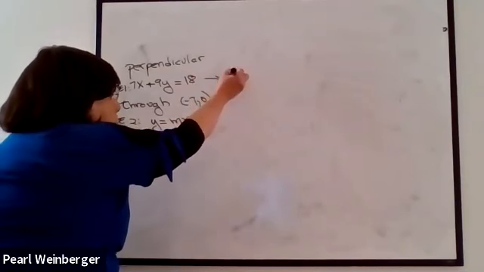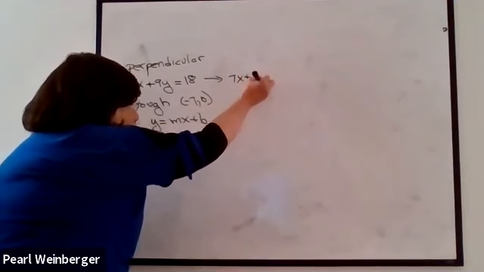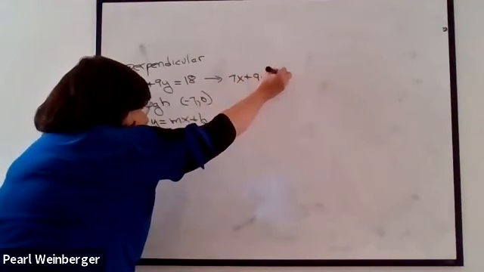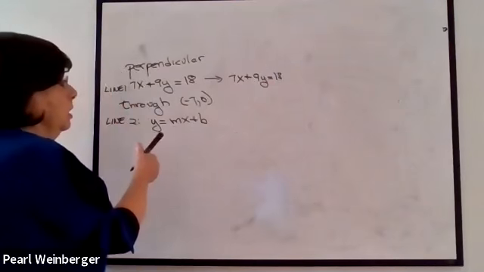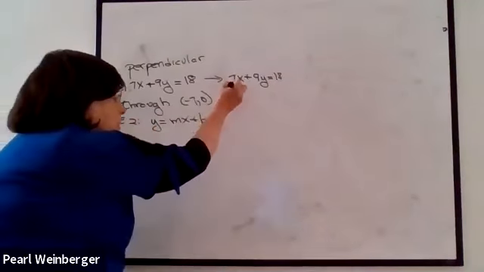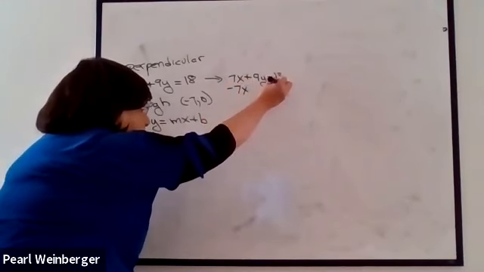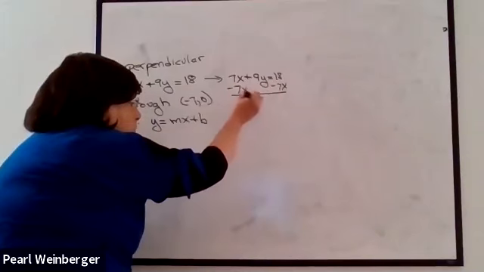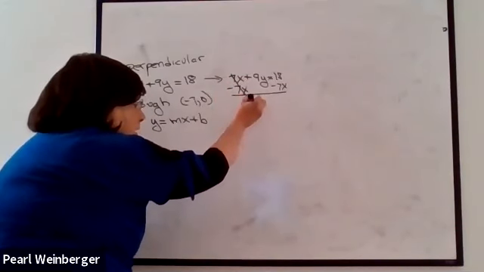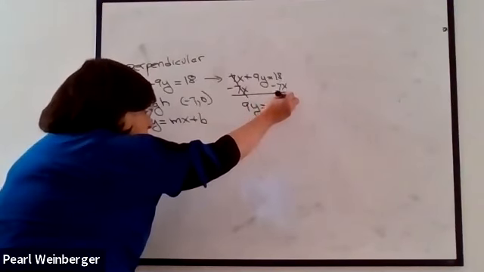In order to do that, what we have to do is put the equation of line 1 in the y equals mx plus b form. In other words, we're going to subtract 7x from both sides, which will give us 9y equals negative 7x plus 18.